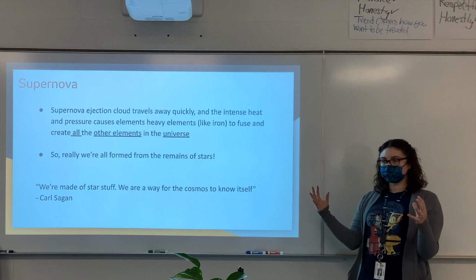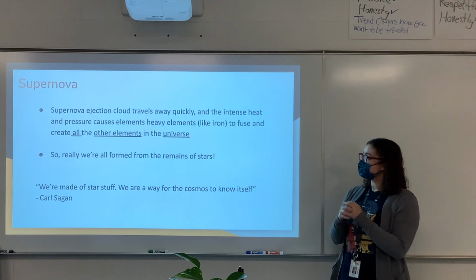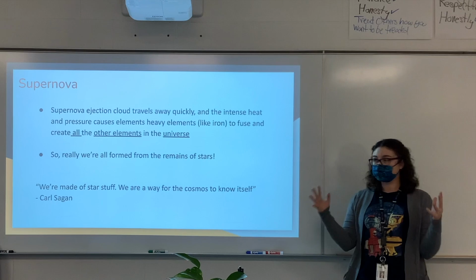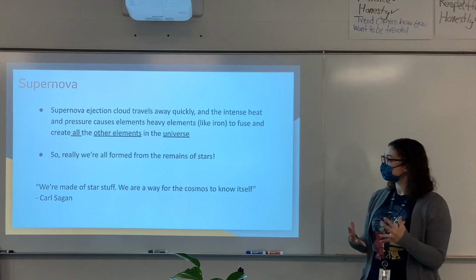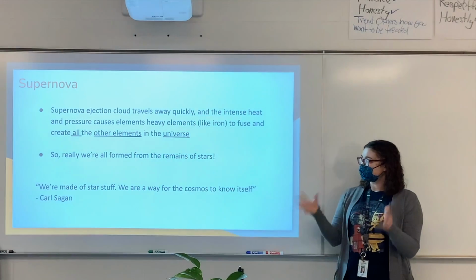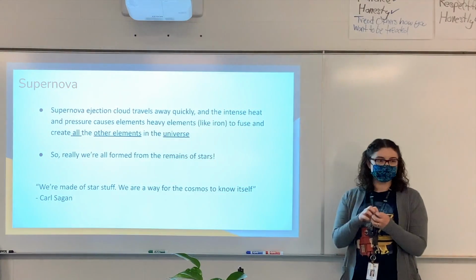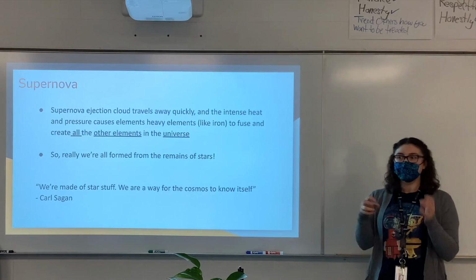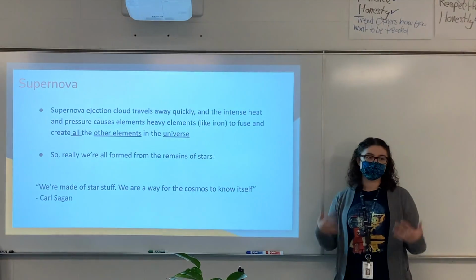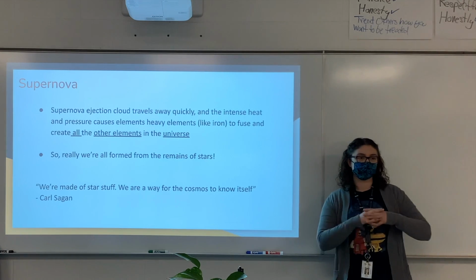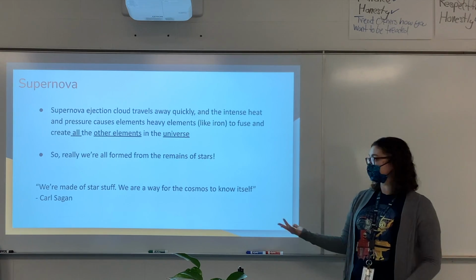The ejection cloud from the supernova is traveling away really fast, and there's all this intense heat and pressure. It's that intense heat and pressure that forces heavy elements like iron to fuse farther. And again, that's where all the other elements in the universe come from, essentially the shock wave of the supernova.